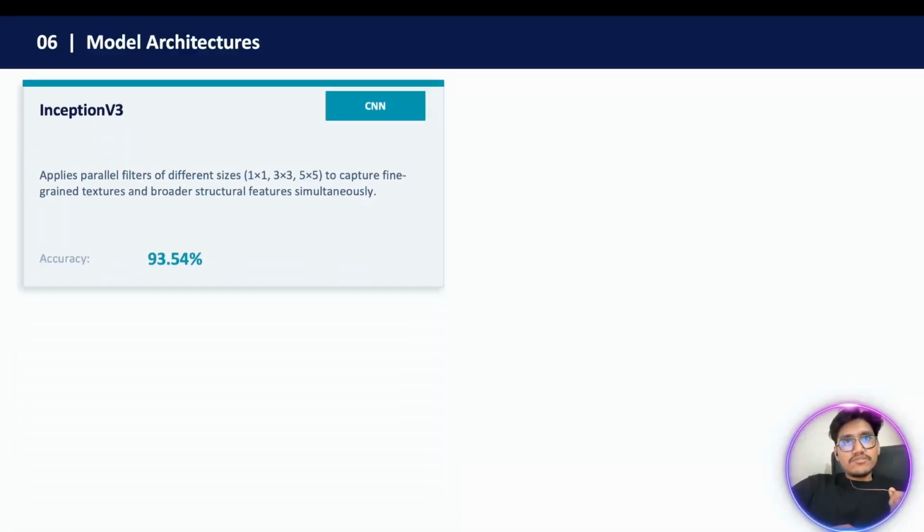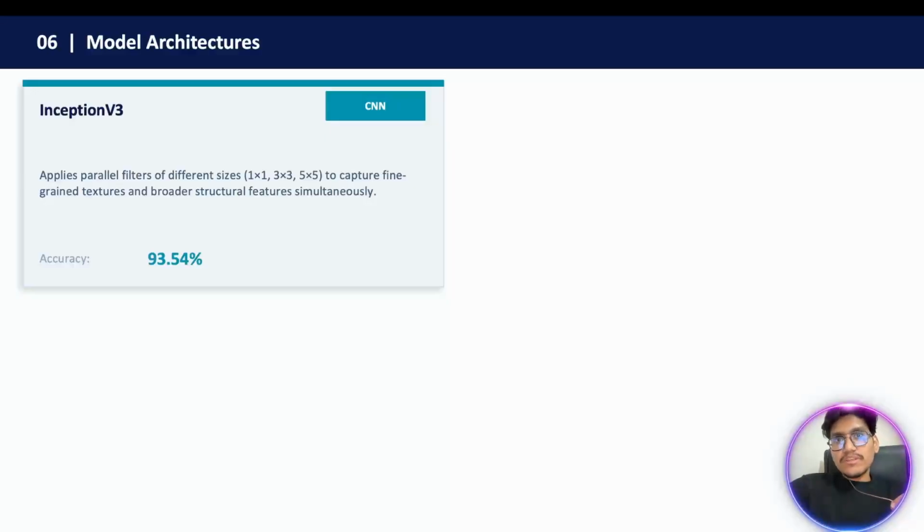Inception V3, which model we use. It is CNN based. Inception V3 was developed by Google, and it solved a specific problem in CNN: which filter size should you use?